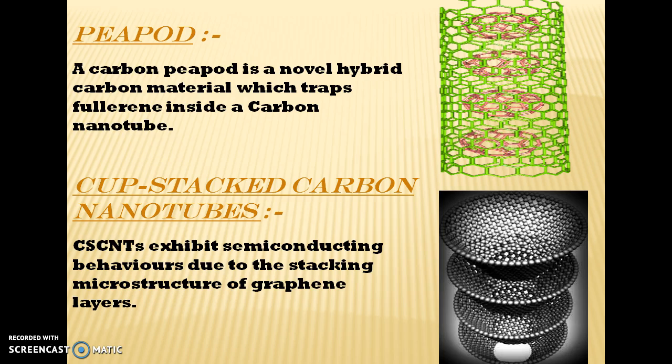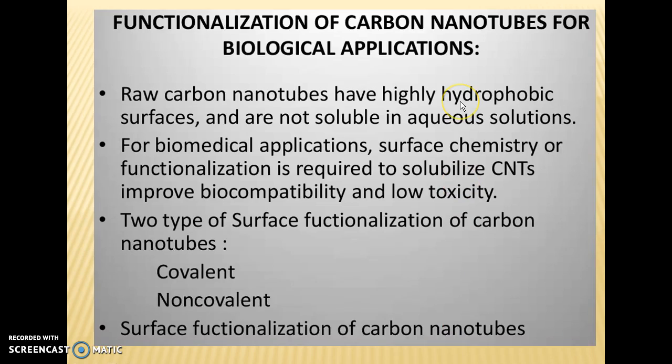Other, you can see the peapod, just like a pea pod. There is a cylindrical nanotube with small spherical nanotubes. Now, functionalization of carbon nanotubes for biological applications, meaning how could the nanotubes get absorbed inside your body?